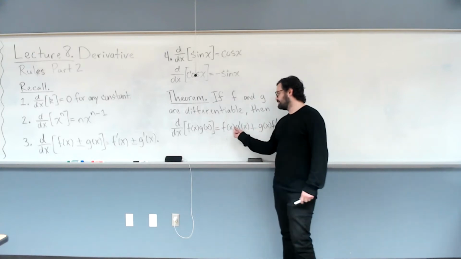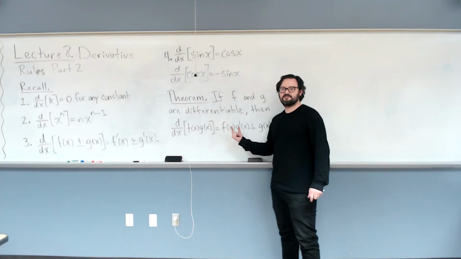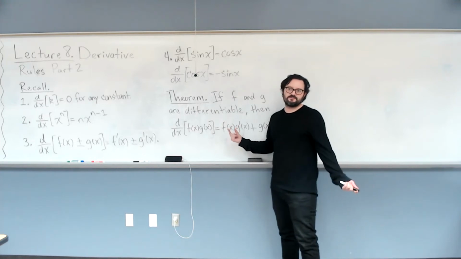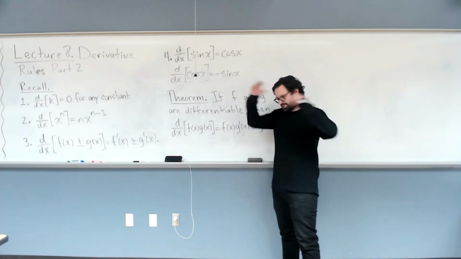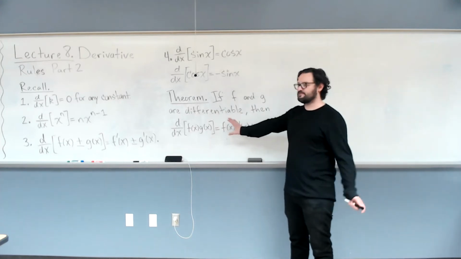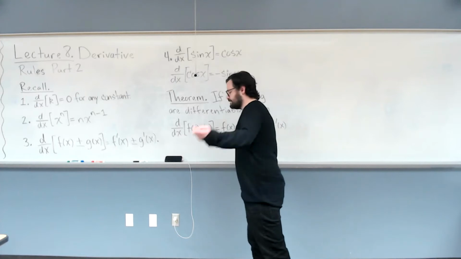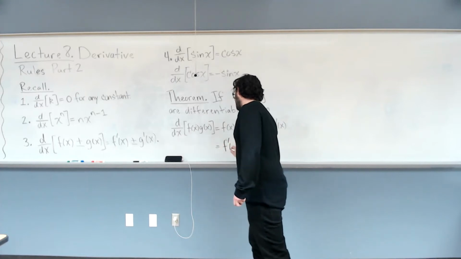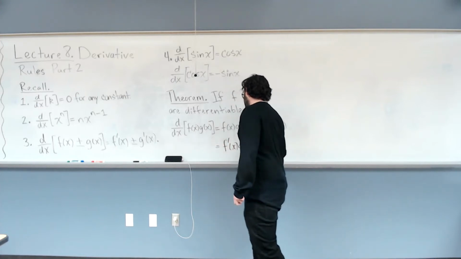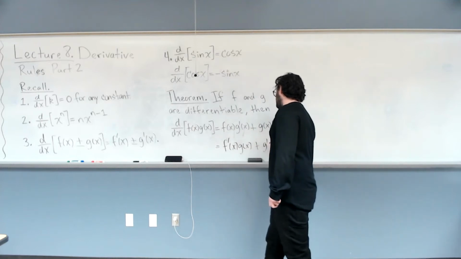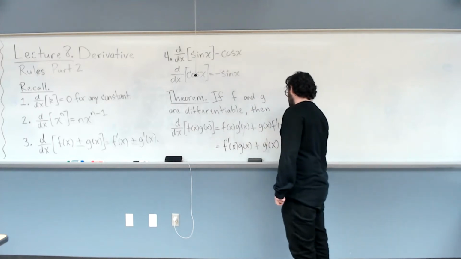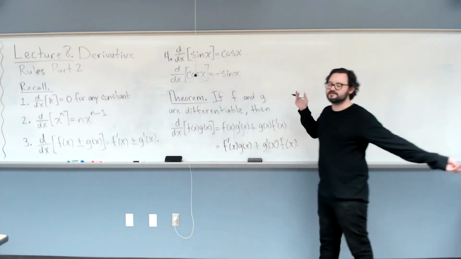And is the product 1 times 2 different than 2 times 1? So you don't have to remember this exact form, right? I literally could have written this as f prime of x times g of x plus g prime of x times f of x. Same thing, doesn't matter, right?